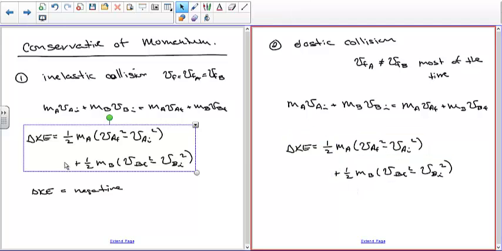Most of the time, because of the elasticity involved, it's going to be a more efficient collision than an inelastic collision. That's kind of the most inefficient way of doing it. But the change in kinetic energy would still be negative here.